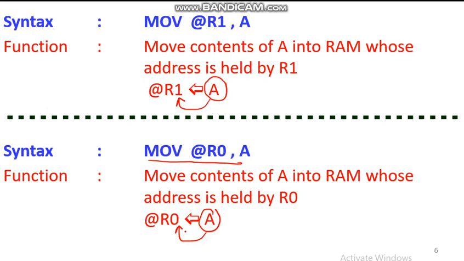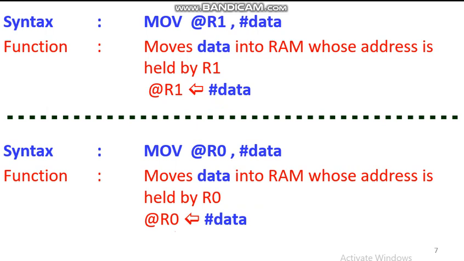So both R0 and R1 are pointing to a location where we have to shift data from the accumulator. One more example of syntax: in this case, the data will be copied into the location pointed by R1, and here in this case, into the location pointed by R0.